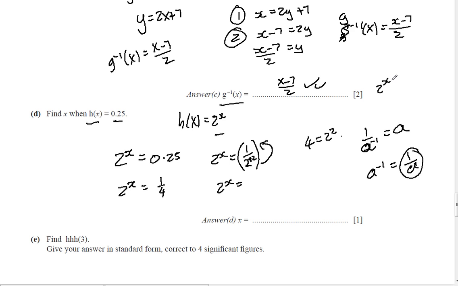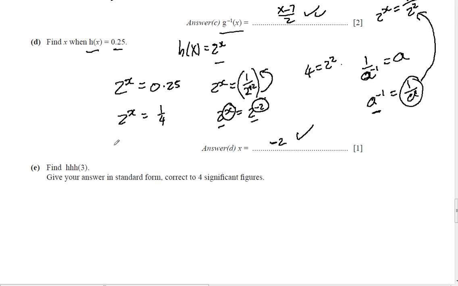Let me just write it out better for you. To make this get out of the denominator, you just make the exponent negative. So it's going to be 2 to the negative 2. So we can see it's the same base, so the exponents must be equal. So x must be equal to negative 2.